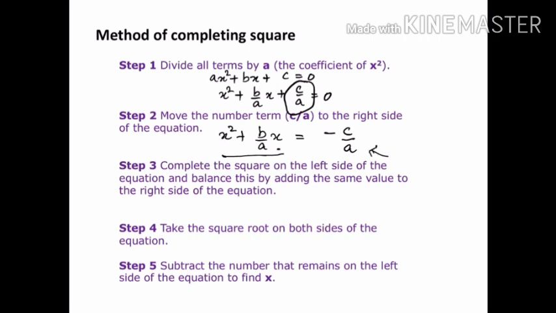So whatever you have added on the left side should be added on the right side. And then we take the square root on both the sides of the equation. In the fifth step, we subtract the number that remains on the left side of the equation to find x. Let us now use this method in another problem to understand it better.